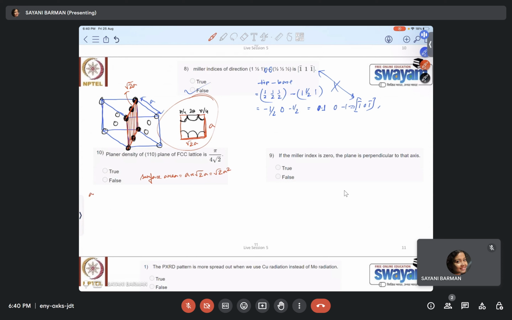And the area covered by the atoms is, there are 4 pi r square by 4, right? If we consider the areas of the corner atoms, then it is pi r square, but it is just one fourth of it.